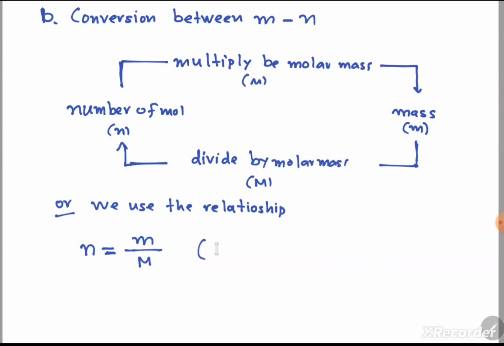So we have the conversion from the mass, we find the number of mole, or mass is equal with number of mole times molar mass.